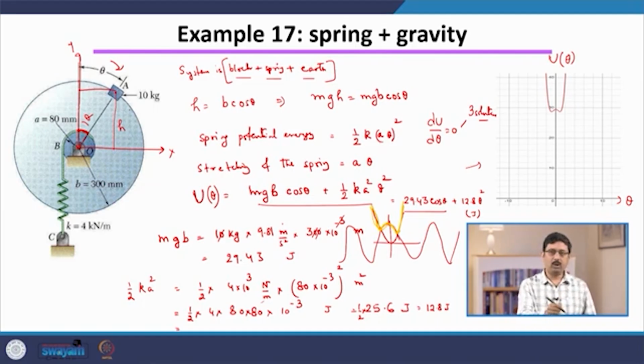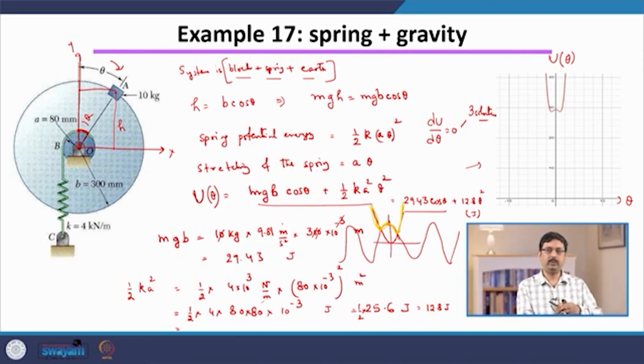Now, as it falls, the spring starts to stretch, and because of the stretching, the spring will try to compress, so its tendency is to compress downwards, which means it is trying to give a force on the block in the opposite direction.